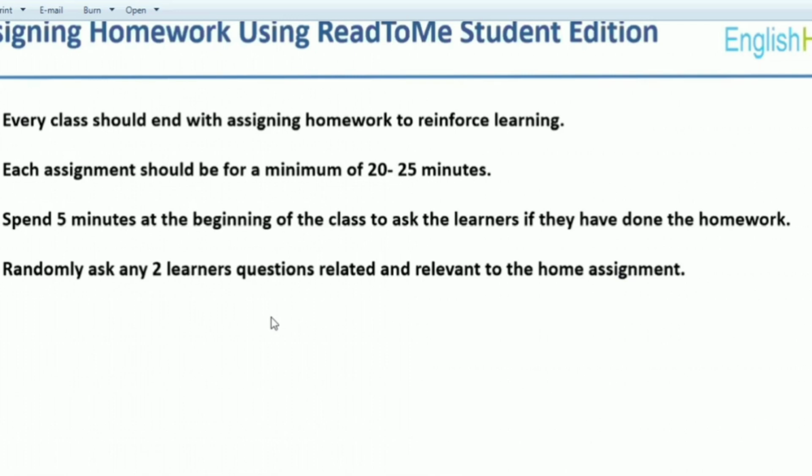So allocate 5 minutes daily to get feedback on the homework. No need to ask all the students, just randomly ask two students some questions related to the home assignment that you gave the previous day.